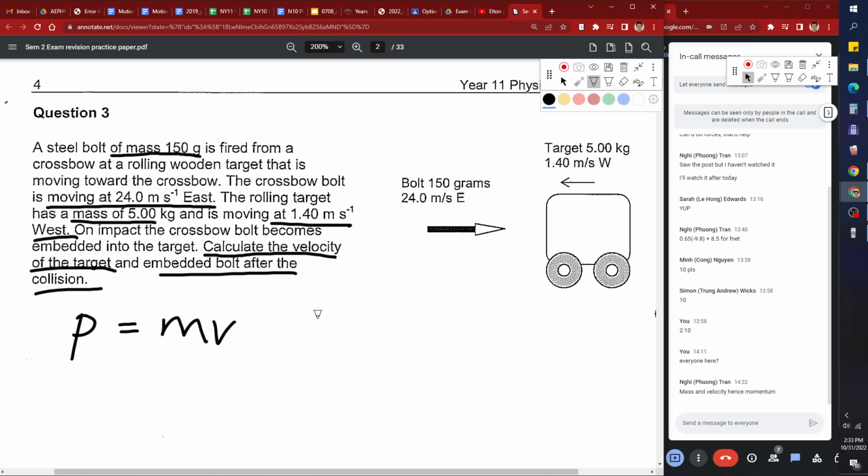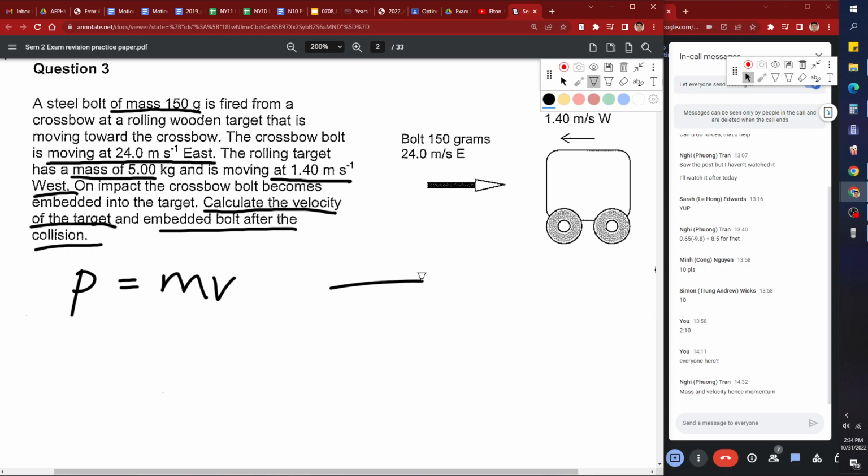But there's something called conservation of momentum, meaning that the total momentum of everything that's involved, in this case the bolt and the target, together their momentum will be the same before the collision and after the collision. So the before momentum, that's what conservation means. There's no loss in momentum. Okay? So we gotta consider one-way positive because that has directions here that affects how things work. So we'll just say this way is positive, that's east.